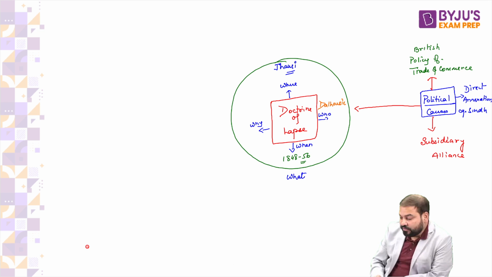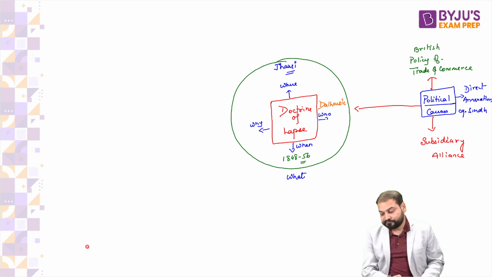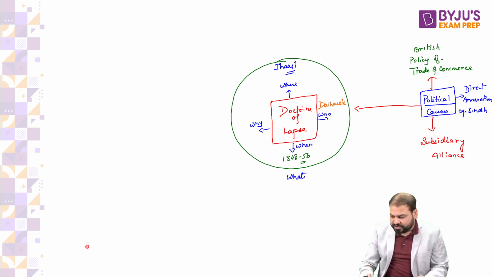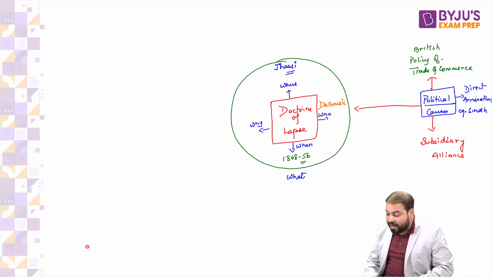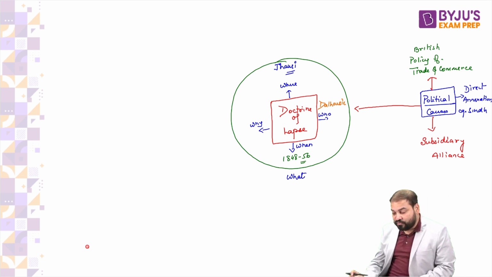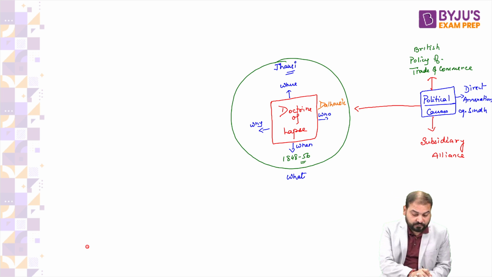All of you, can you tell me why he brought doctrine of lapse? Now, of course, for annexation is clear. Ultimately, he was annexing them. But why? Yes, Vedshri, you are absolutely correct. No, Suchitra, you are telling what? I'm asking why.